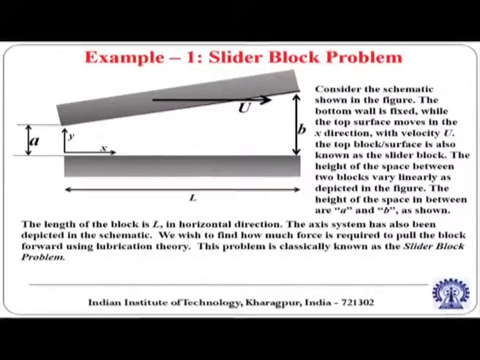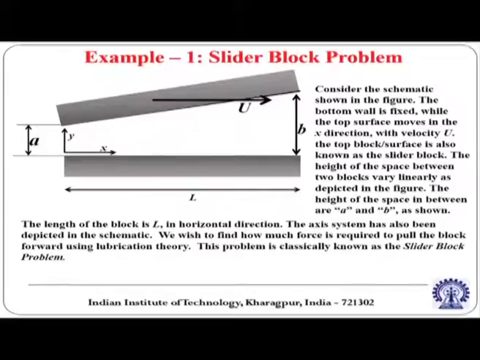The height of the space between the two blocks varies linearly. So, h as a function of x varies linearly from A to B. The length of the block is L in the horizontal direction.